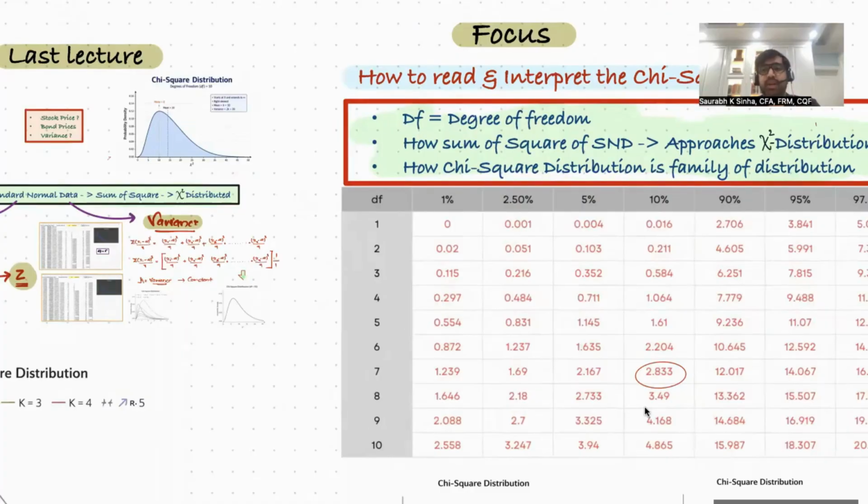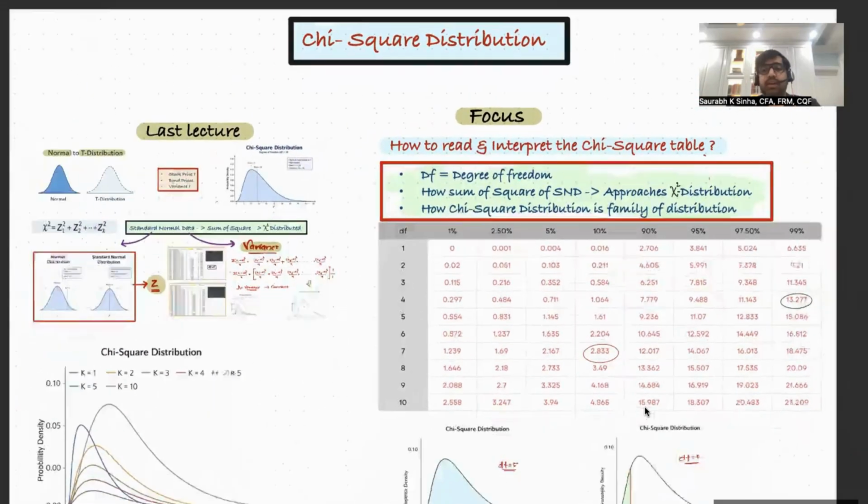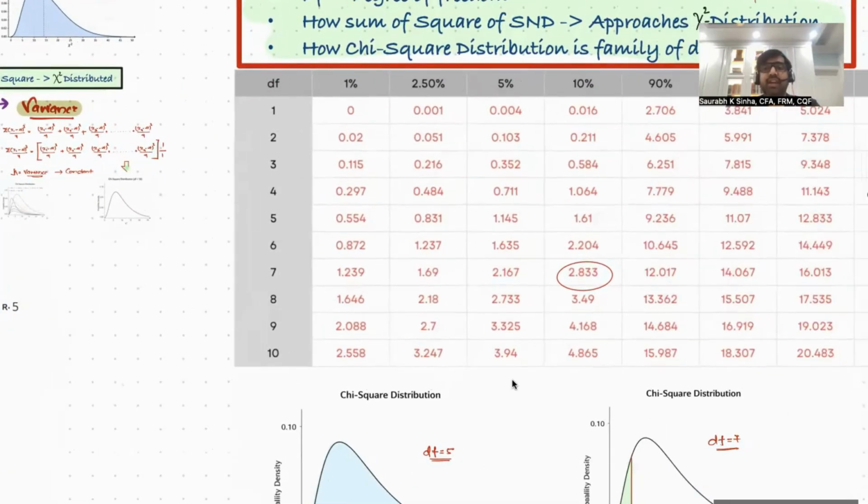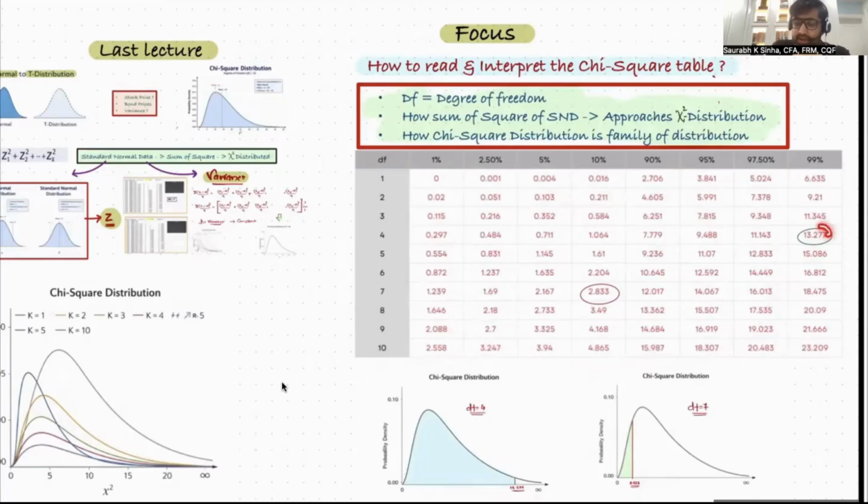Now the last point: how to read this chi-square table. Let's randomly select 13.277. When I read 13.277, first of all, look for the degree of freedom. The degree of freedom is 4. So you have to look into the shape of the chi-square distribution which has a degree of freedom of 4.